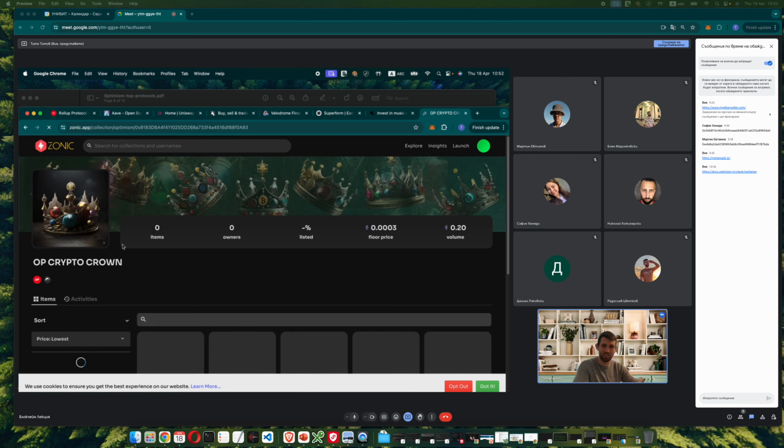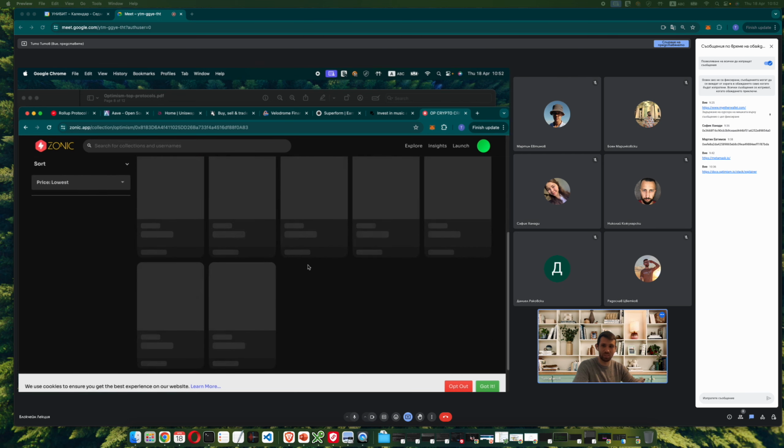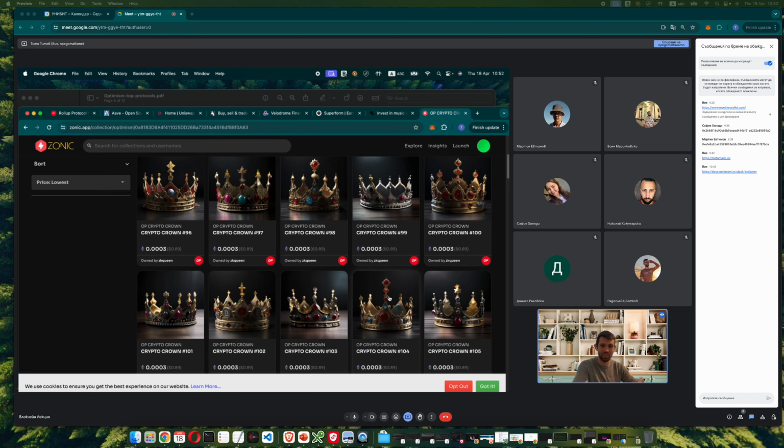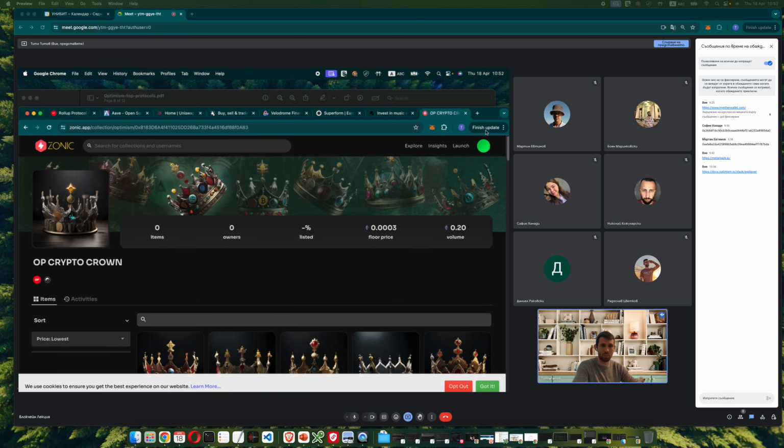Some of these collectibles went crazy. You can see that these are like $1, but for example, CryptoPunks or Bored Ape Yacht Club or whatever, these are the names of collections. One of their pieces could be up to $100K or $200K.